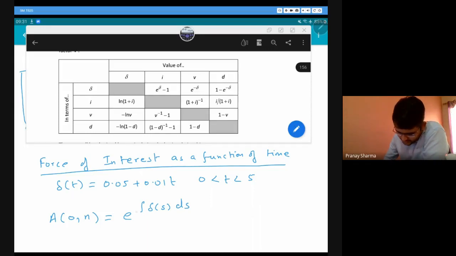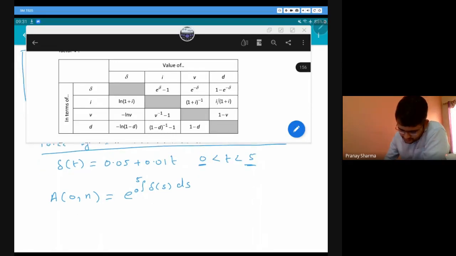And from whatever time we are going, let's say from 0 to 5, the integral goes from 0 to 5. This becomes our accumulation factor. If you invested at time 2 and you are going till time 5, the accumulation factor from time 2 to time 5 must be e raised to the integration from 2 to 5 of delta s ds.